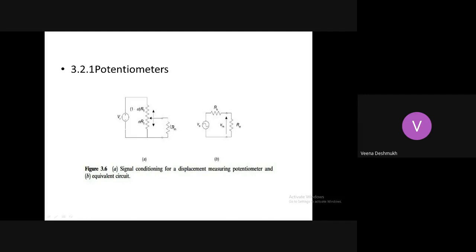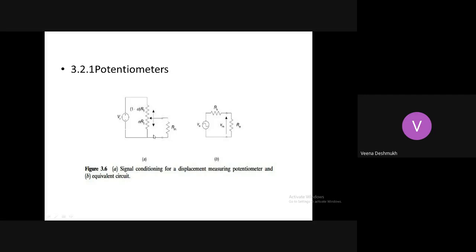It is the voltage measured across the parallel combination of this RM with alpha into the potentiometer resistance R1, the portion of the potentiometer which is coming in parallel with RM.